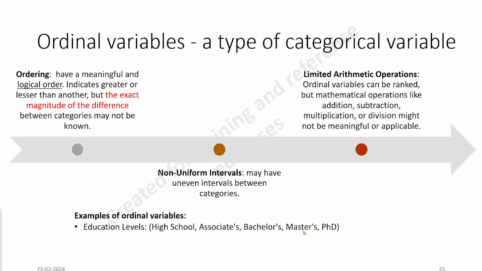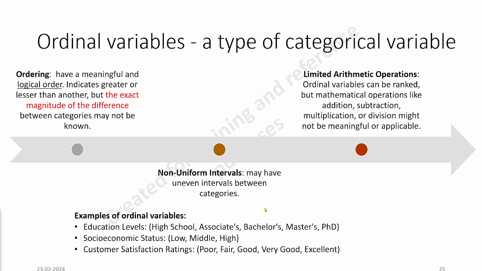It's very important to understand this distinction. This affects machine learning in a significant way. So socioeconomic status, let's say low, medium, high. Again, it has logical order, but does not have any uniform magnitude of difference.